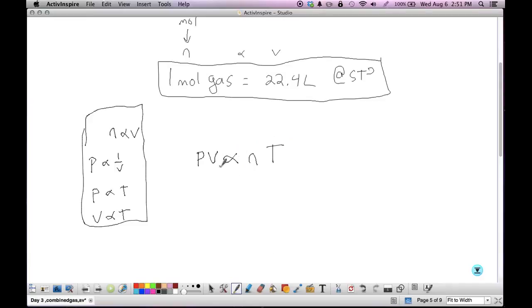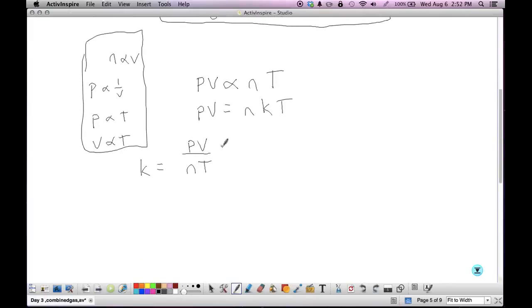And by now you should know that in order to go from a proportionality to an equality, all we have to do is add a constant. Right? And this constant actually turns out to be a little bit special. If I solve for that, and I use this information up here, I'm going to get something very interesting.